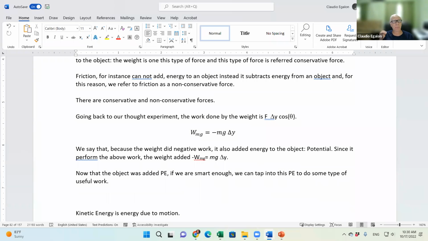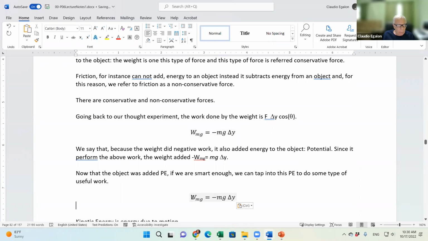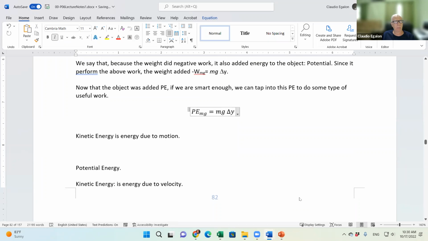And by the way, note that potential energy due to the weight is going to be mg times delta y. That's the equation that you have to remember.